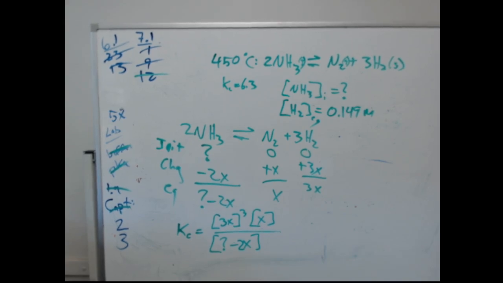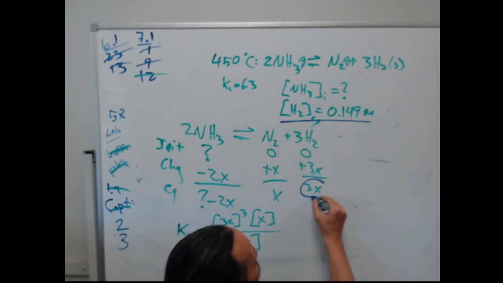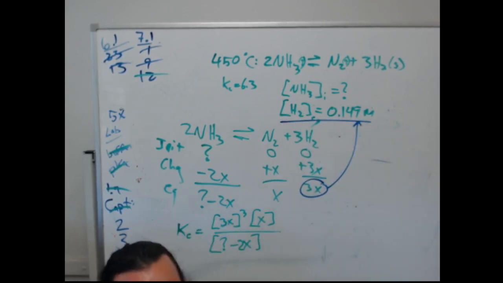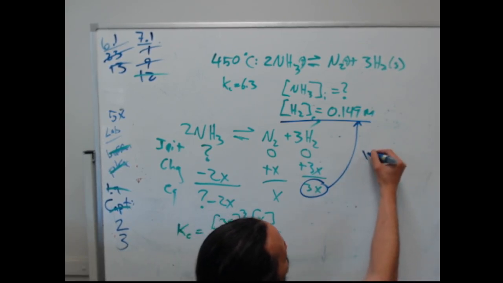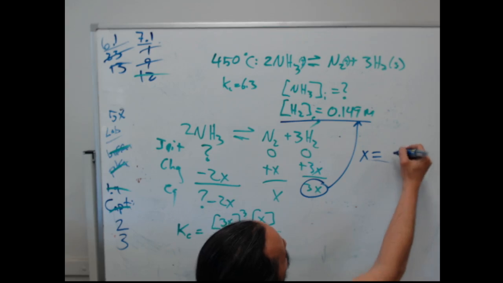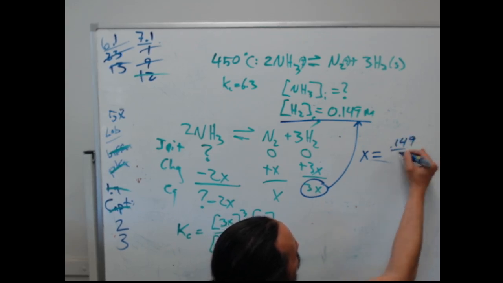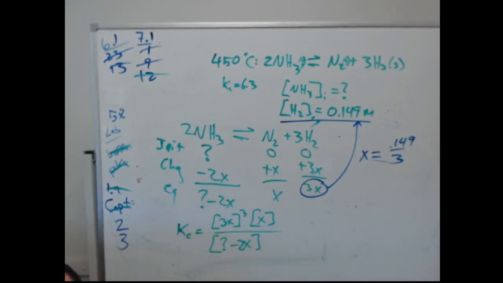Where's the extra bit of information that lets us solve this? Yes, that helps, but there's one more really important piece of information. Right, this H2 concentration is 3x. So x is equal to 0.149 divided by 3, and then I can plug in all of those x values.